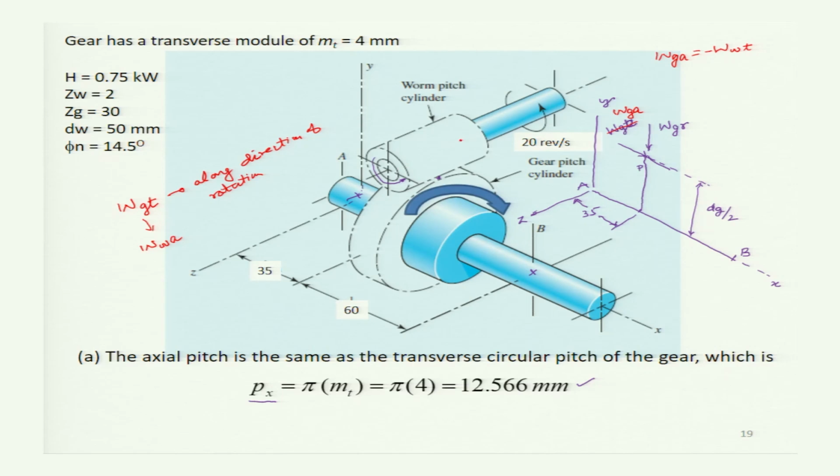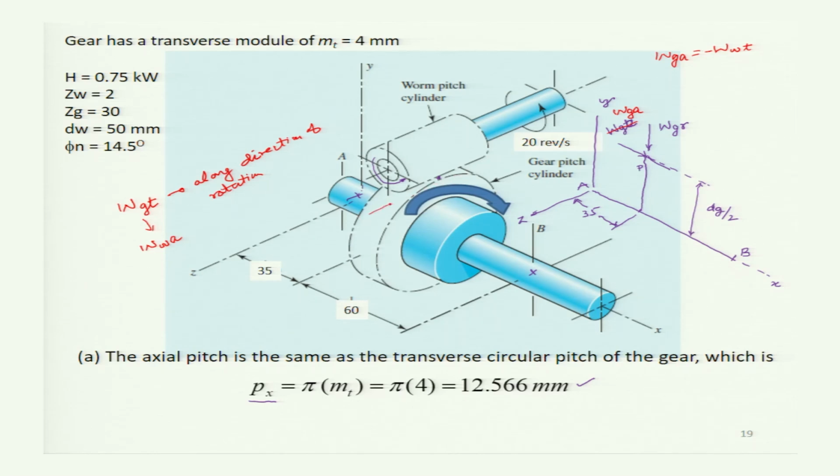So let's find out. This thread is a right hand thread, and so when you give it a clockwise rotation, like that, this type of clockwise rotation from this side, then this gear should come in this direction. Okay. Now here the motion is given in anti-clockwise direction, and so it should not come here, but it should go away from this.